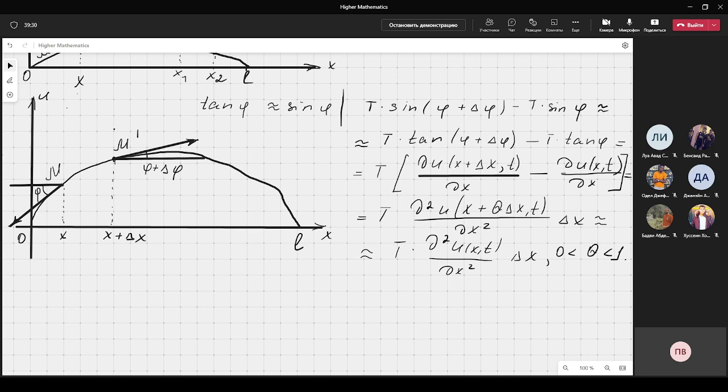Here we apply the Lagrange theorem to the expression in the square brackets.